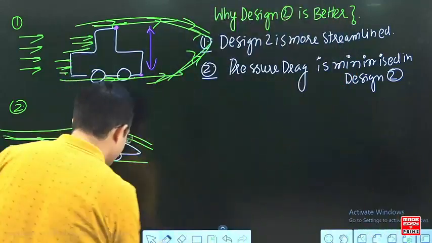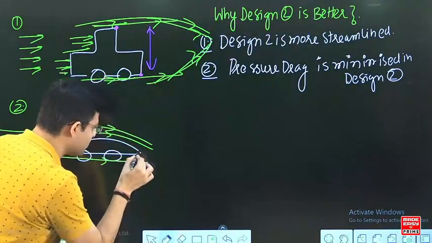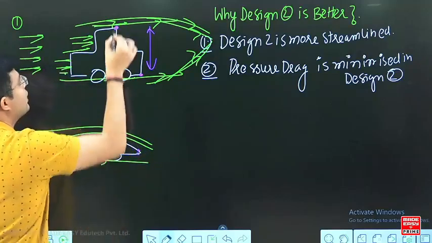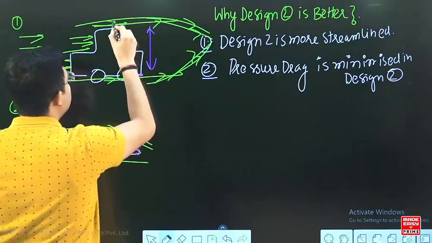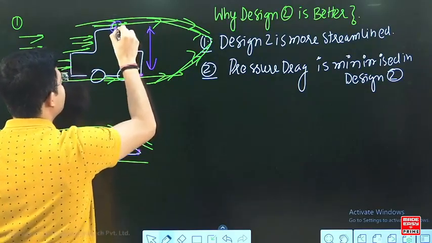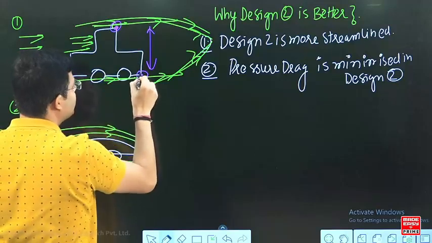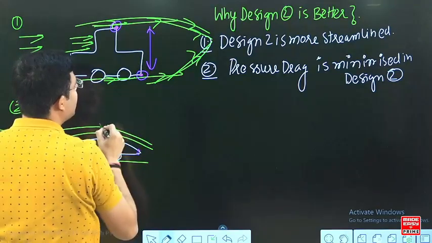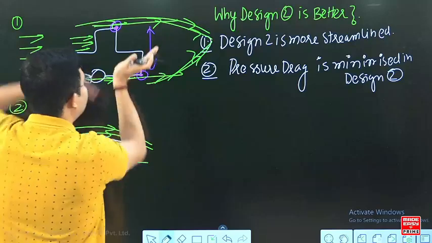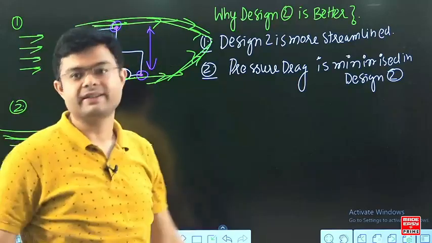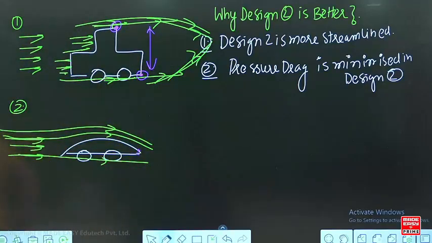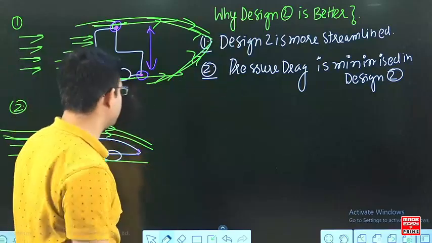But can you see in this body, the point of separation of fluid from the body is here, and you can see that the points of separation are far apart. This is not a good sign in aerodynamics.